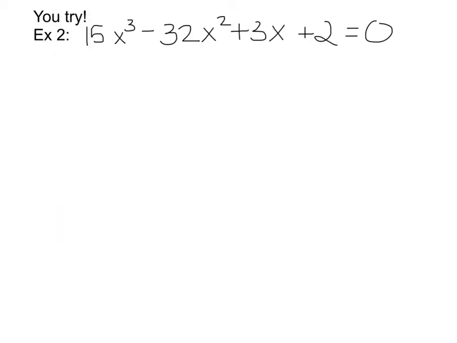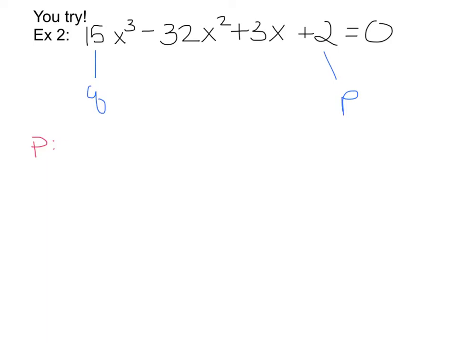Press pause, and I want you to list the possible rational roots for 15x cubed minus 32x squared plus 3x plus 2. Okay, numbers that multiply to 2 are going to be, I'm sorry, I wrote down the wrong letter, our p-values. And then numbers that multiply to 15 are going to be our q-values.